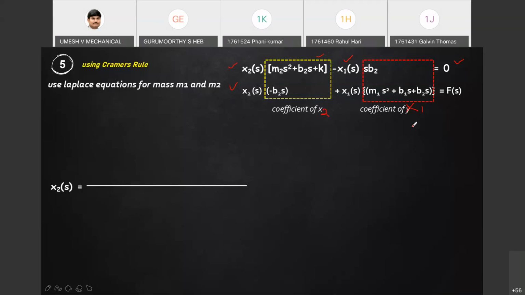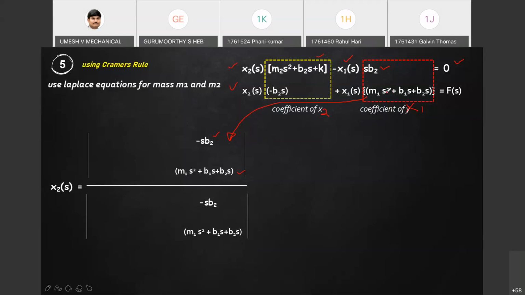The second, x1, minus, plus b1 s plus, and here same thing. S2 m1 b in both the cases.